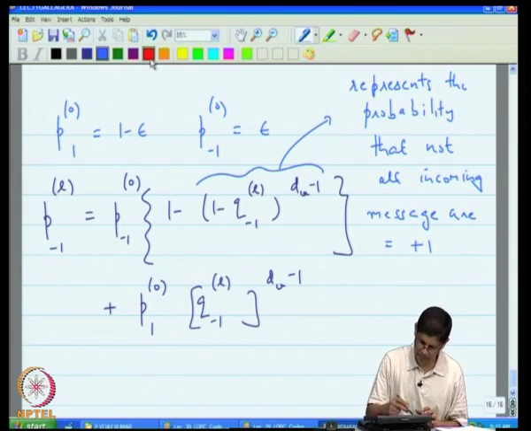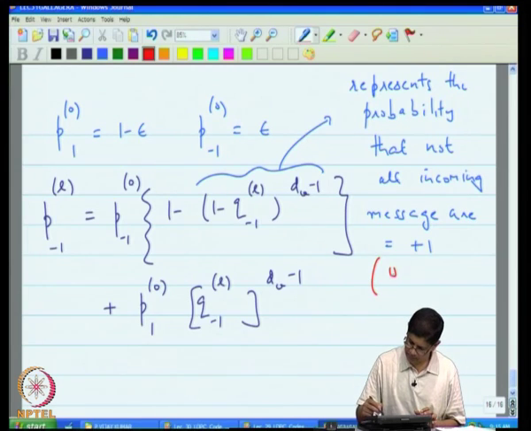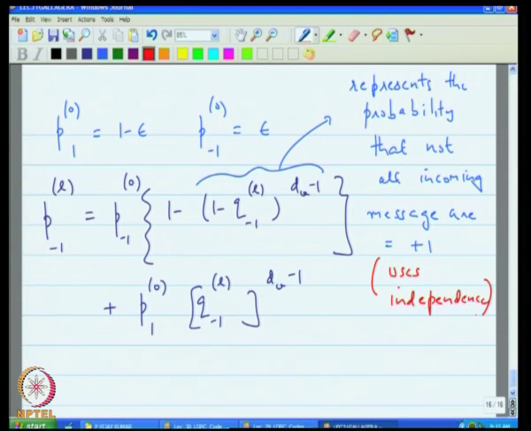And a side remark is that this uses the independence which I remarked upon a few minutes ago. Okay.